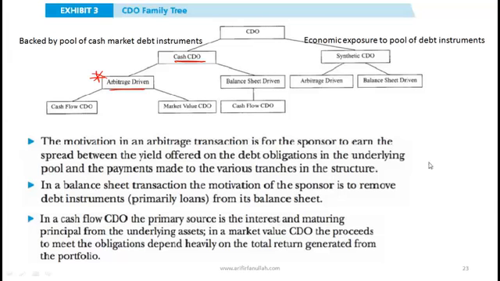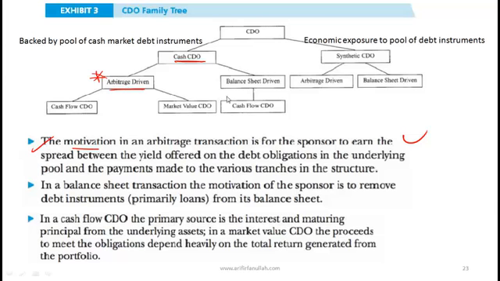I'll draw a picture on the next slide to explain exactly what this means, but very simply, what a manager is trying to do is earn a higher return on his pool relative to what he pays the holders of the CDO instrument. So that's the motivation behind the arbitrage-driven CDO.